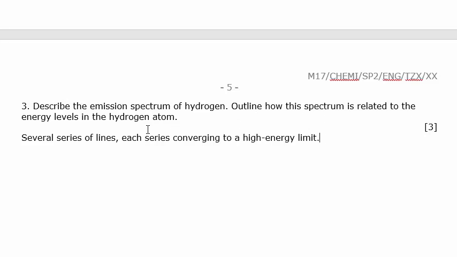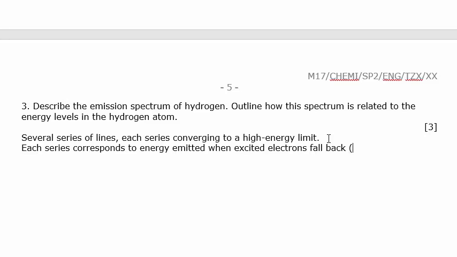Outline how this spectrum is related to the energy levels in the hydrogen atom. Well, each series corresponds to energy emitted when excited electrons, I could say fall back, or the correct word is relax, down to lower energy levels.